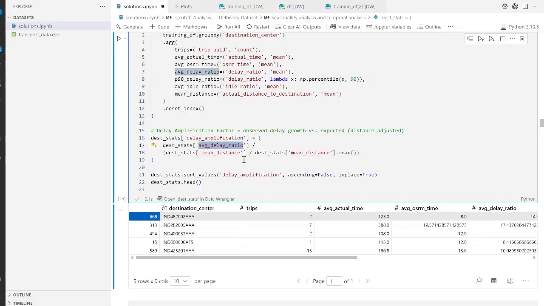So in average delay ratio, let's say if there are more destination centers, obviously this factor would be more, and a greater number divided by an even greater factor would result in a small amplification. That is the behavior we are trying to capture from this factor, that if for a given trip there are more destinations, obviously it is inevitable to have more delays.